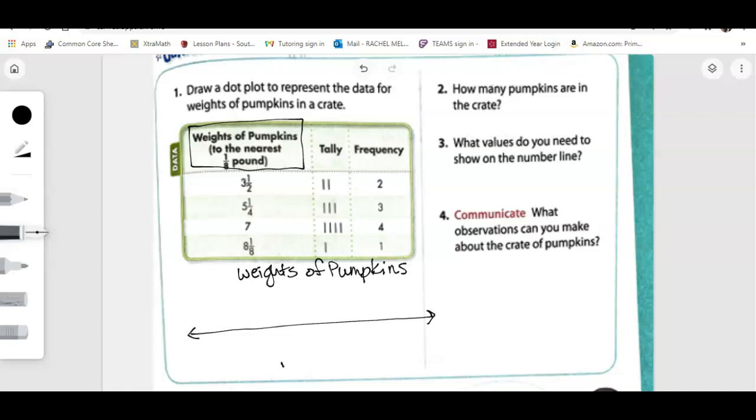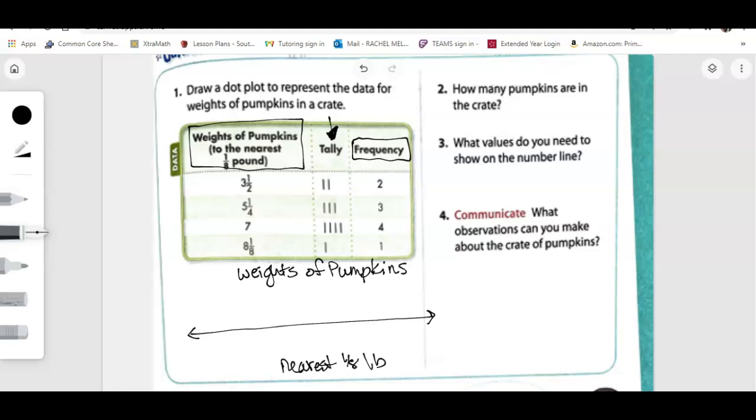Let's see, nearest 1/8 of a pound. Now something to look at here, tally marks. You probably did tally marks when you were in younger grades, right? Tally marks just means that's how many times it happens, and that's the same thing as frequency. That's another one of our vocabulary words this week.